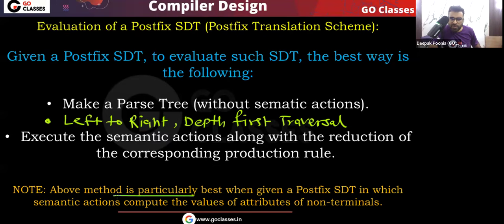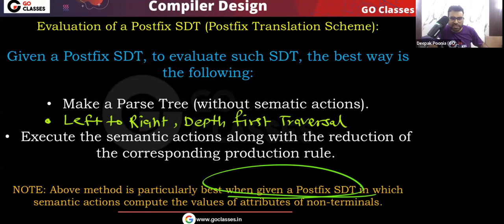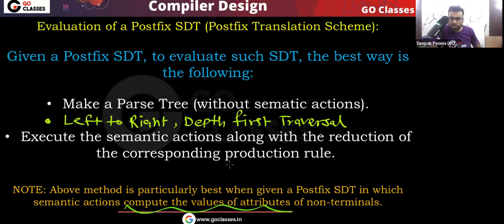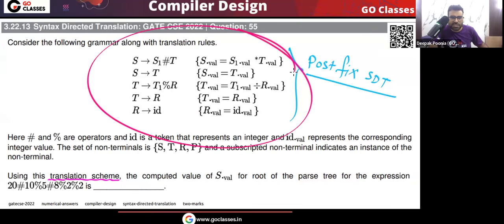And this method is particularly suited when the given postfix SDT computes the values of attributes of non-terminals. Look at this postfix SDT. Here, you are computing the attribute values, yes or no?